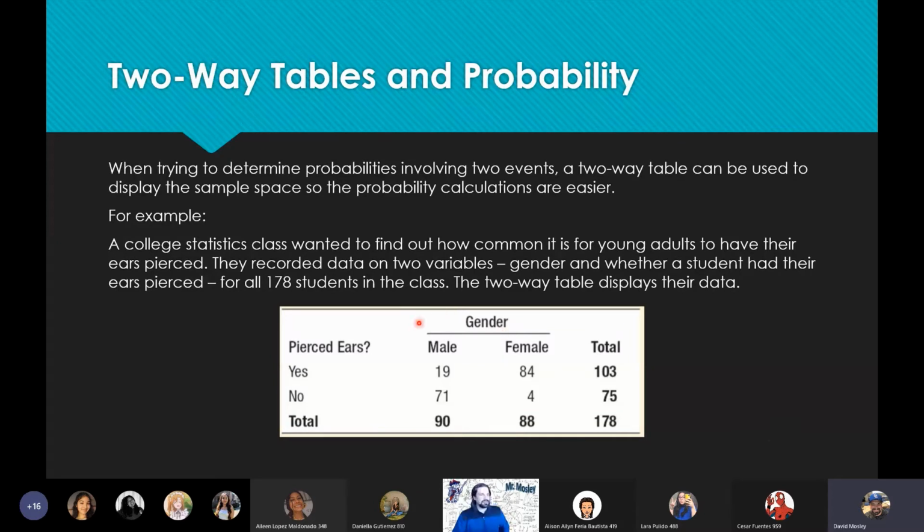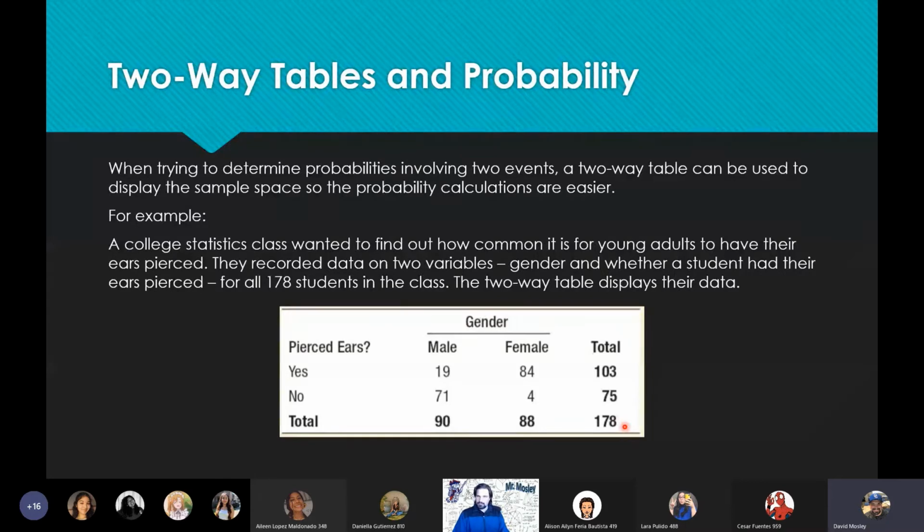We have gender across the top, male, female, pierced ears, yes or no. We have our yes row, 19 and 84, total 103. No, 71, 4, total 75. Total between the row and the column, they should both add up to 178 and then get all of our students.